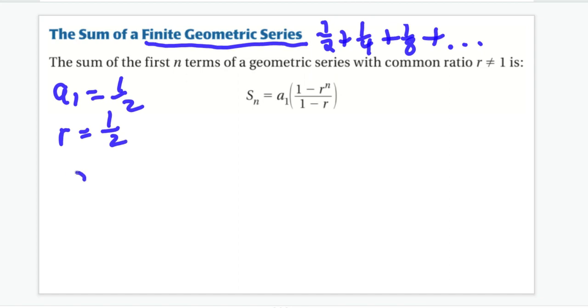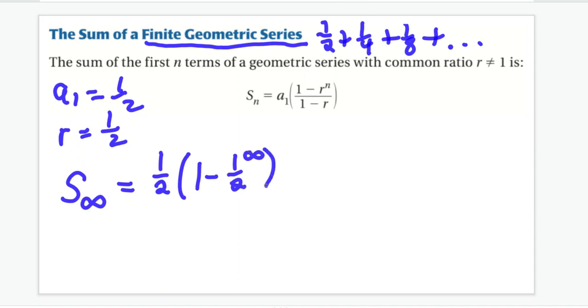Now if we're looking at this formula and we're saying we're going to add up infinitely many terms, well, we would take that first term, which is A1, and then we would do 1 minus 1/2 to the nth, but that's infinity, all over 1 minus 1/2.